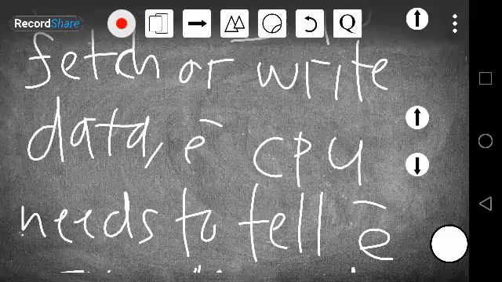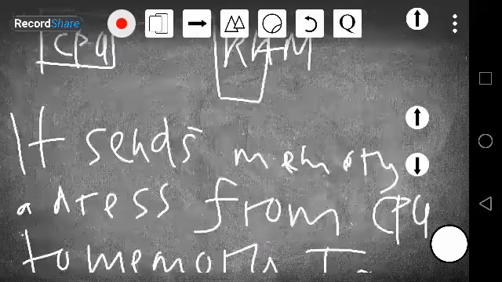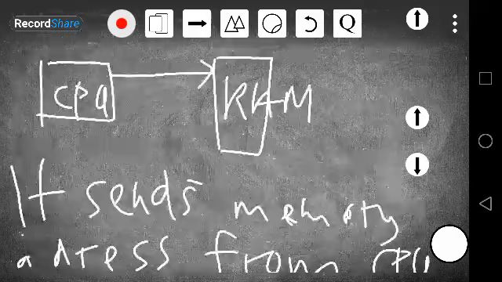Okay. So what is happening is CPU, send the address to RAM. The address iri kusenda ndeyekuti data rira kufetchwa from what address, or unokwanisa kusenda address where data is to be written. Data riri kufanira kunonyorwa pai, riri kufanira kunoprocesswa papi.